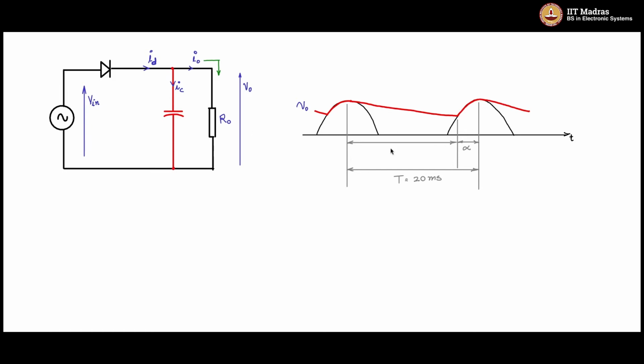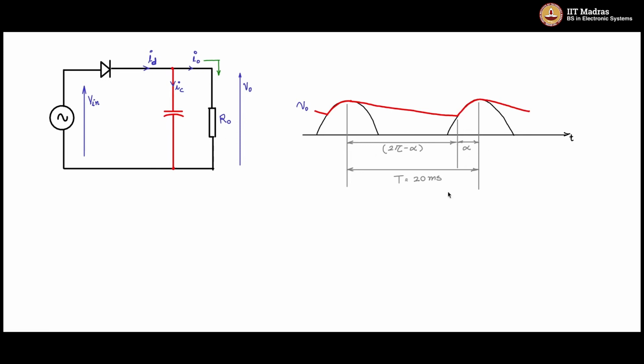So that would be 2 pi minus alpha. So during 2 pi minus alpha, the capacitor is supplying to the load, and during the period corresponding to the angle alpha, the capacitor is getting replenished. All the energy that it lost during this period will get replenished here, plus the load is also being supplied by the input because the diode is conducting during that time.